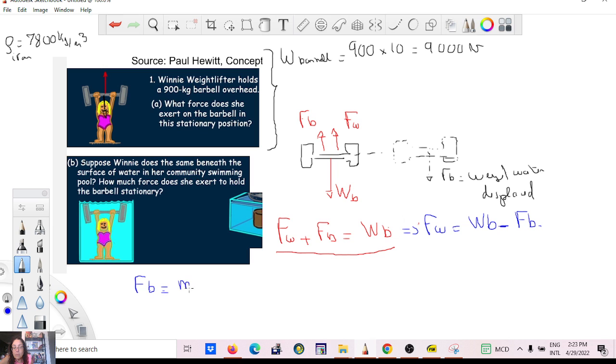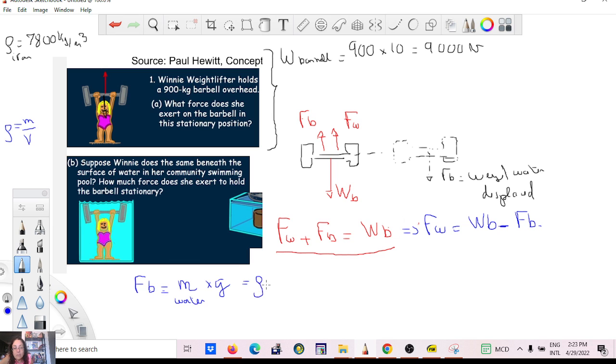So it's going to be the mass of the water displaced times G. Mass is density times volume, right? Because rho is mass divided by volume, so mass is density times volume.